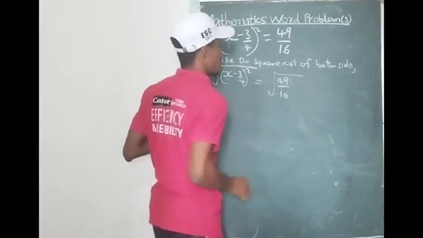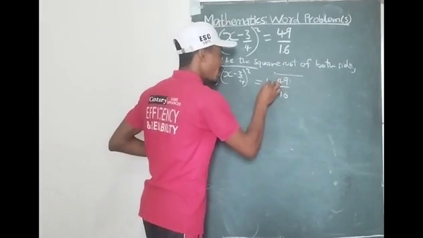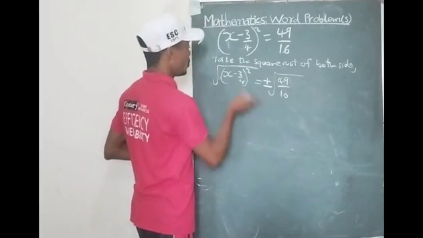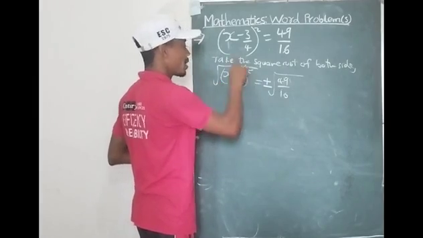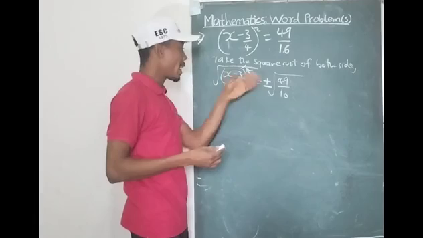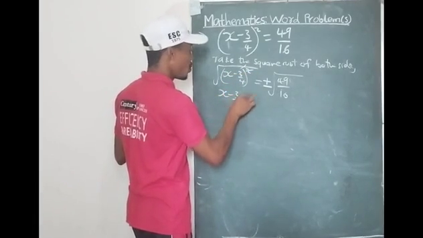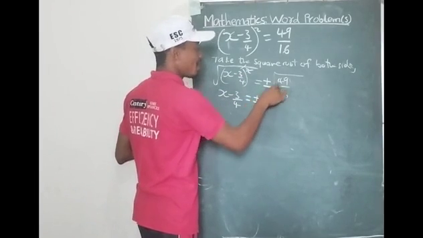I will take the square root. Now, when I do that, remember, we are going to introduce plus or minus. That was explained in the last video. All right. So, moving forward, because of the square root, the square goes off. The square cancels the square root. So this is x minus 3 all over 4 equals plus or minus the square root of 49 over 16.